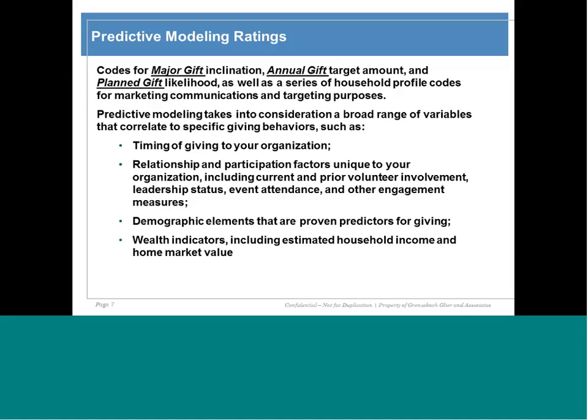Similarly, these predictive modeling ratings don't change over time. They are just looking at that population at that moment. So when we log into the account, we'll be looking at an account with both gift capacity ratings and predictive modeling ratings. But when you log into your account, some of you will have just the gift capacity ratings.